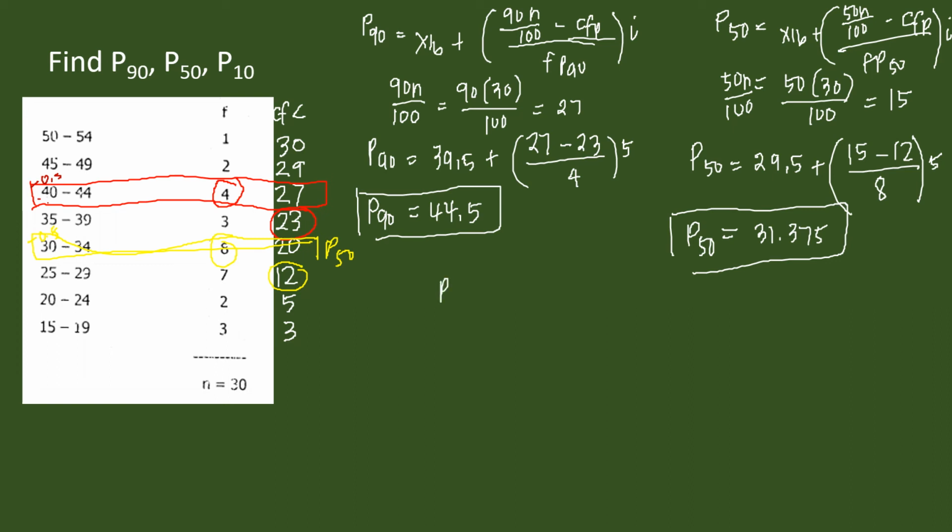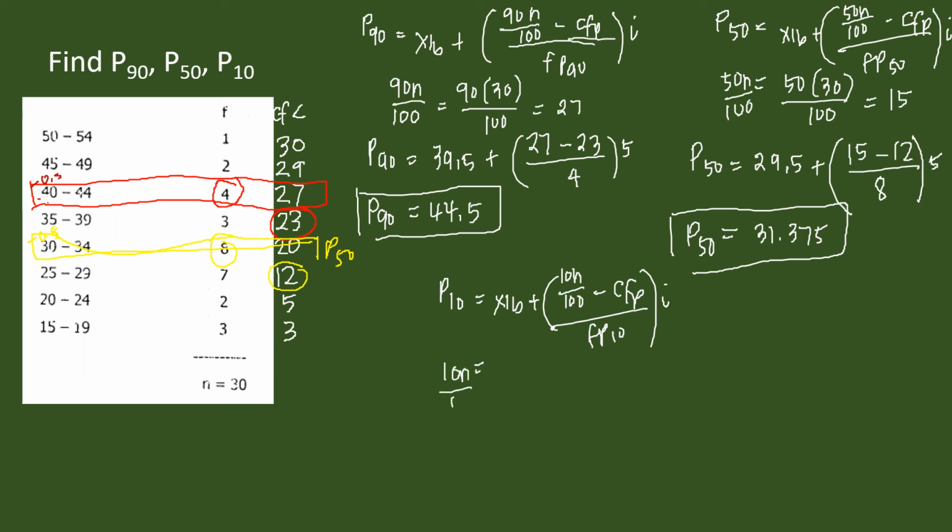Let's now go to P10. P10 is the lower boundary plus 10n over 100 minus CFP over f of P10 times I. Before that, we have to solve for the locator.